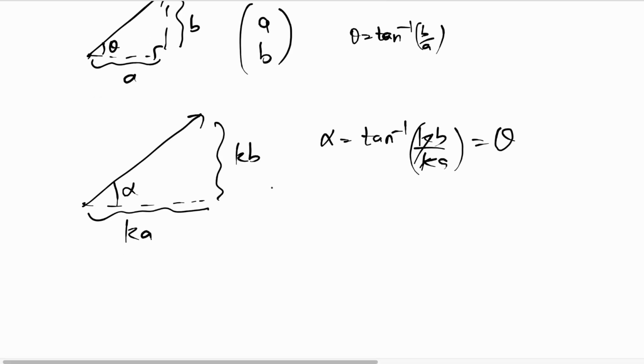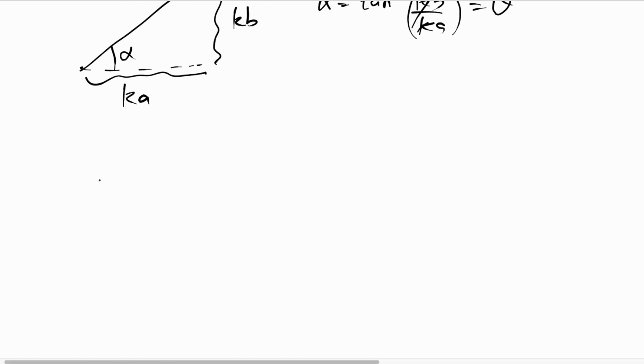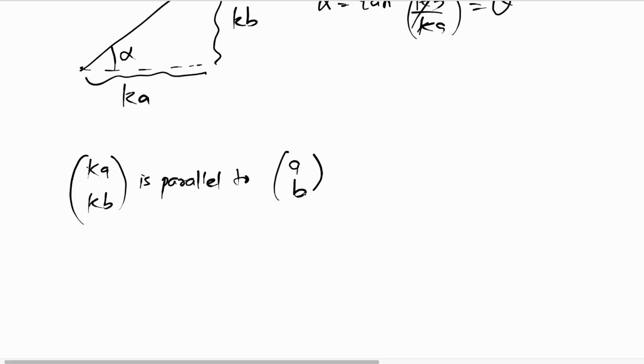So if I scale both the x step and the y step, the resultant vector is actually parallel to the previous vector. That means if I multiply the x step and the y step, both with a constant k, the resultant vector is parallel to (a, b).